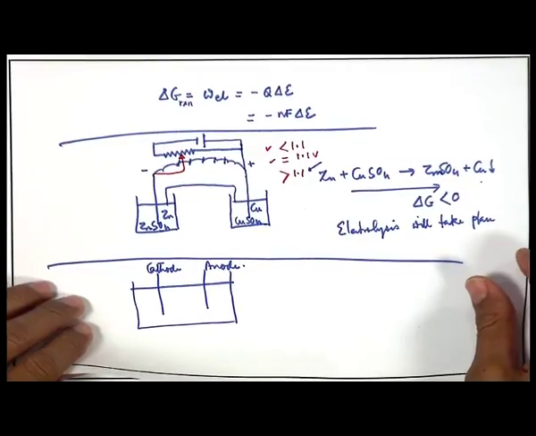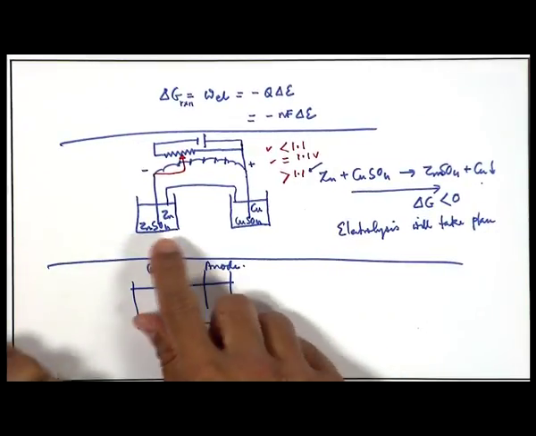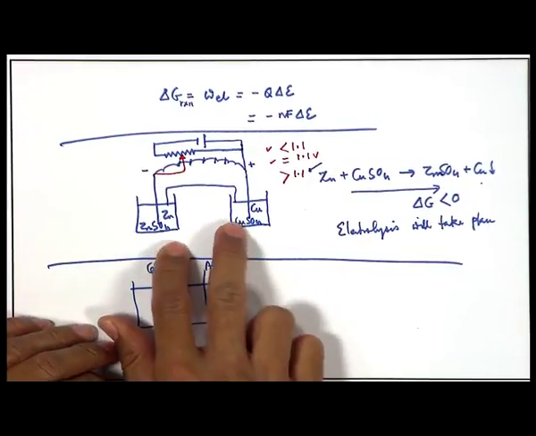Now, if we recall this slide, this is a Daniell cell in the normal case.